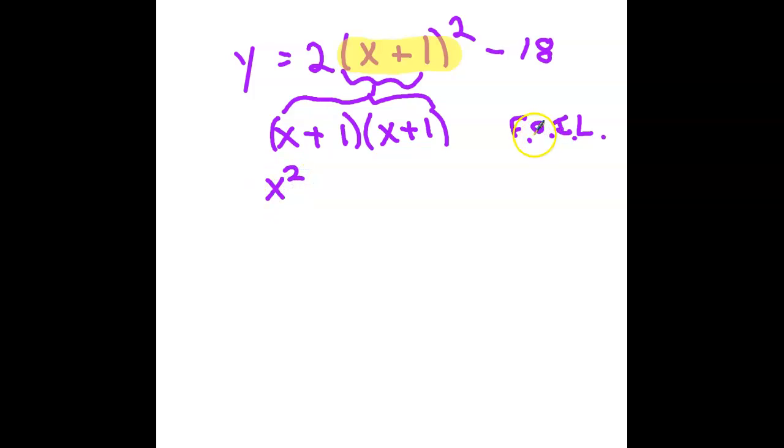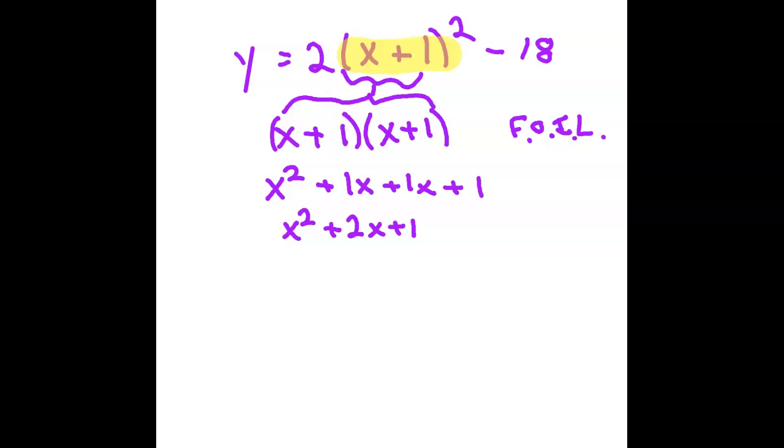If I multiply the outside pair, that's x and 1, so multiply those together, you get 1x. Multiply the inside pair together, you get another 1x. And multiply the last pair together, you get plus 1. And this, of course, simplifies down to x squared plus 2x, because I'm combining like terms, plus 1.